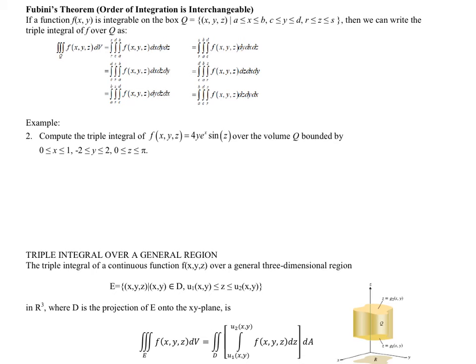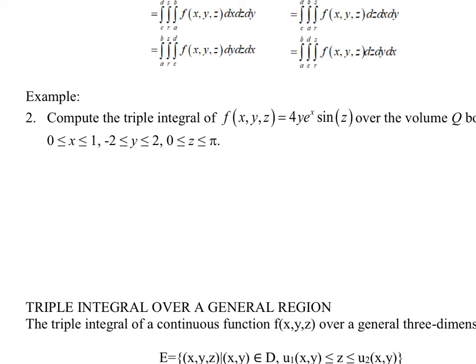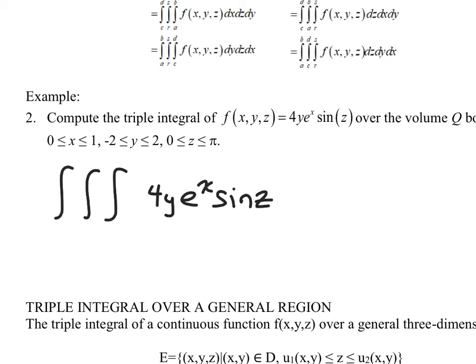So we're in pretty good shape, because this one is as easy as it gets. Create our triple integral of 4y e to the x sine of z, and do that in the order that we find to be the most convenient.